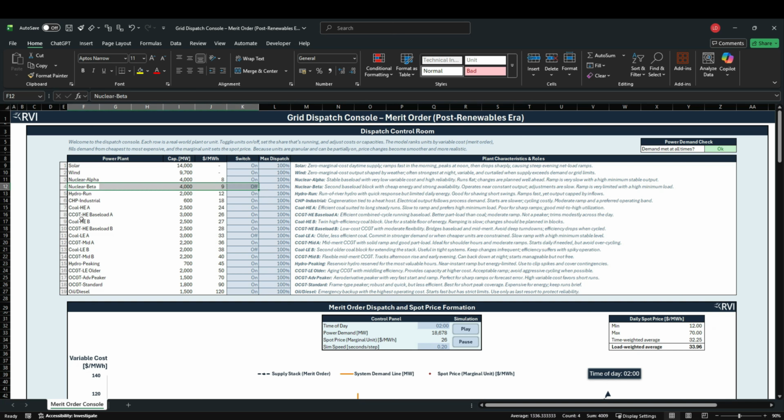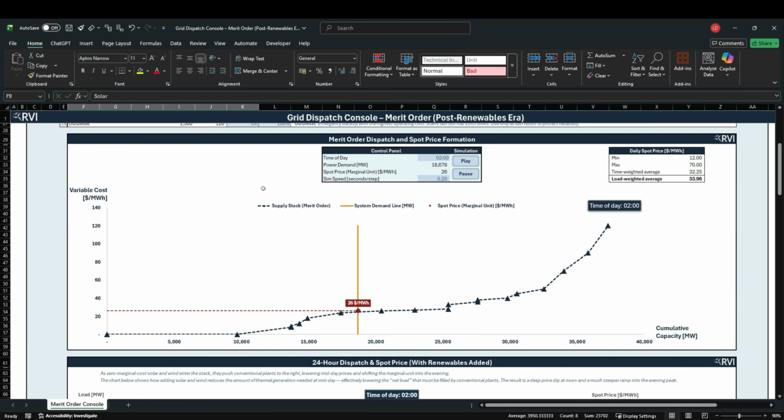One 4 GW nuclear block has been retired and two higher cost coal units are offline, about 9 GW of firm capacity removed. In their place, the system has 14 GW of solar and 9.7 GW of wind. Emissions are lower and midday energy can be inexpensive, but system flexibility becomes critical.